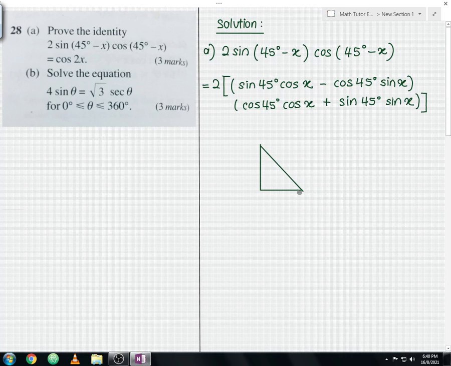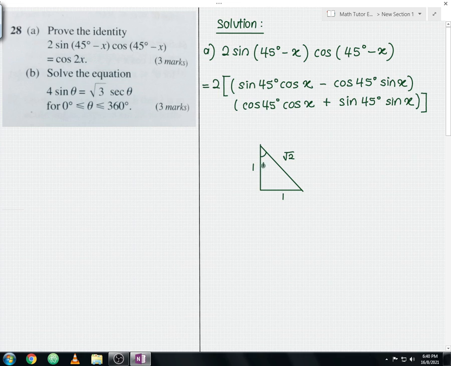Let's say, for example, this side is 1 in length and this side is 1 in length. So your hypotenuse will be the square root of 1 squared plus 1 squared, which is square root 2. And your angles will be 45° and 45° respectively.